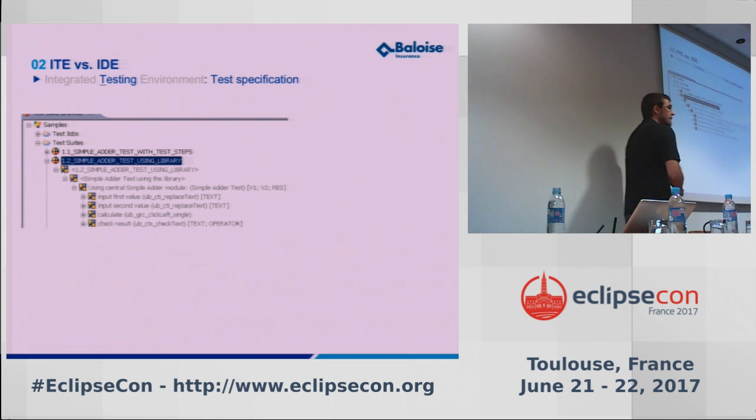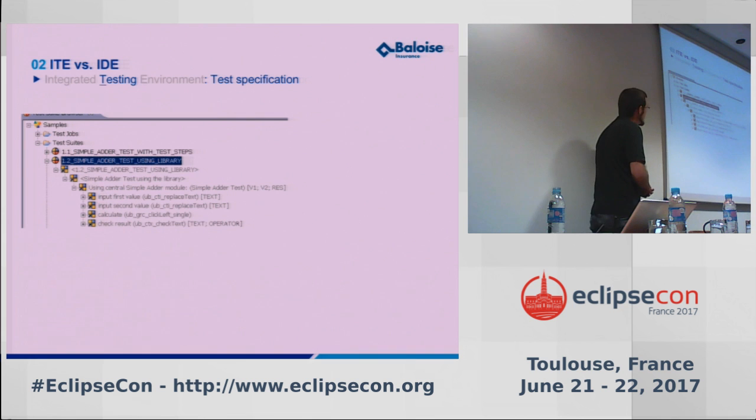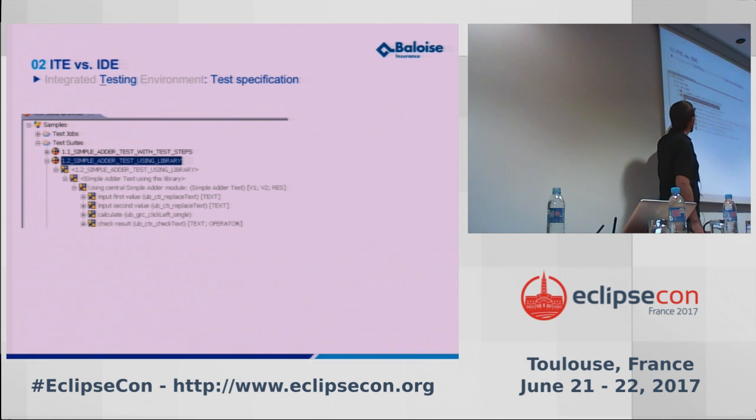Test specification in the ITE is done on a keyword level, which means you've got a pretty basic structure of test suites and test jobs in a view we call the test suite browser. And they simply reference, and you see this with this little arrow, other test cases from the test case browser. And they're nested.